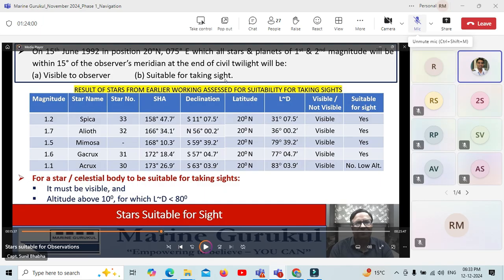Can you see the total correction table for sun, stars and planets? Yes, sir. See what altitude it is starting from. Got it, sir. Got the answer? Yes, sir. Okay. Thank you, sir. Okay, beta. All right.